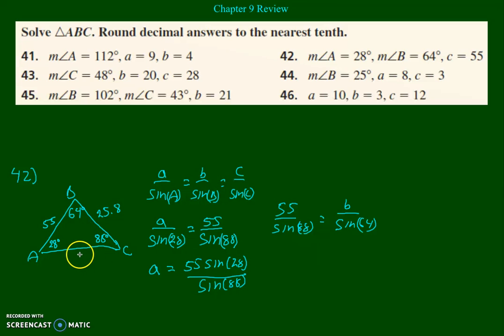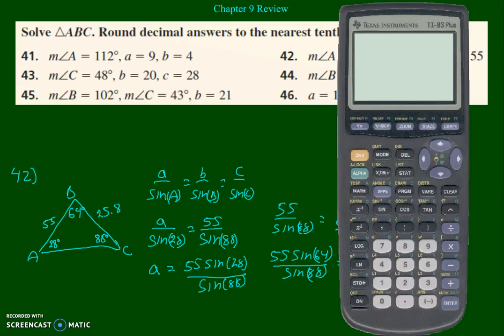So we're looking for b here, which is opposite 64. So multiply both sides by sine 64. 55 sine 64 over sine 88 equals b.